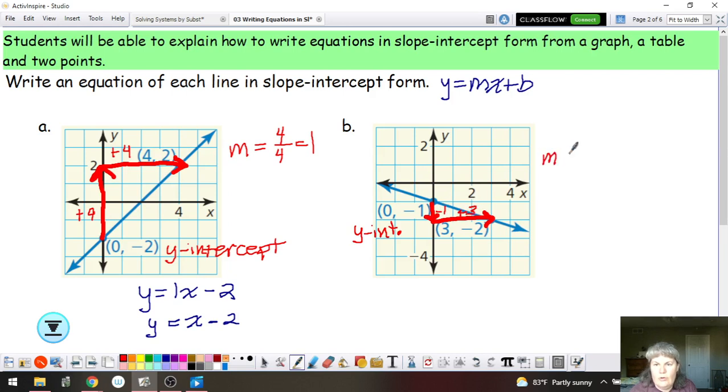So my slope, my rise was -1, my run was 3. I can't simplify that. I have a y-intercept of (0, -1). I can write my equation: y equals -1/3 x minus 1.